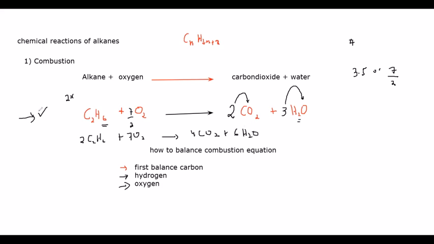So you can write the first one, that's also correct, acceptable. You can write the second one if you want to write all of them in whole numbers. So what we did, we multiplied all of them by 2 so that they all will be whole numbers. Is it clear?